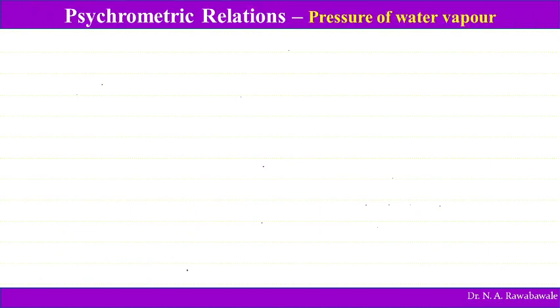pressure of water vapor. So the pressure of water vapor PV is given according to Carrier's equation. This is a directly given empirical relation.